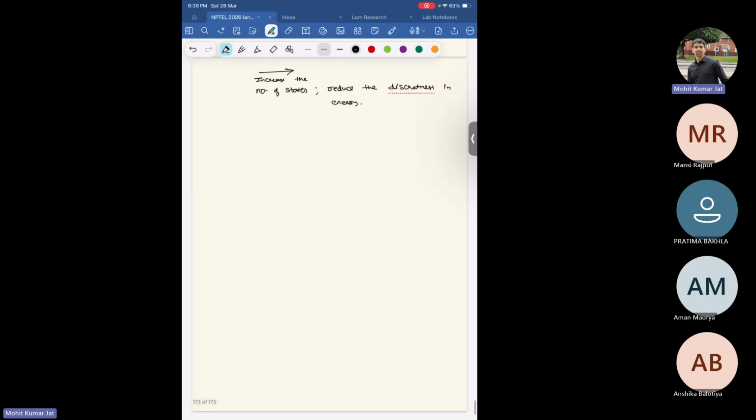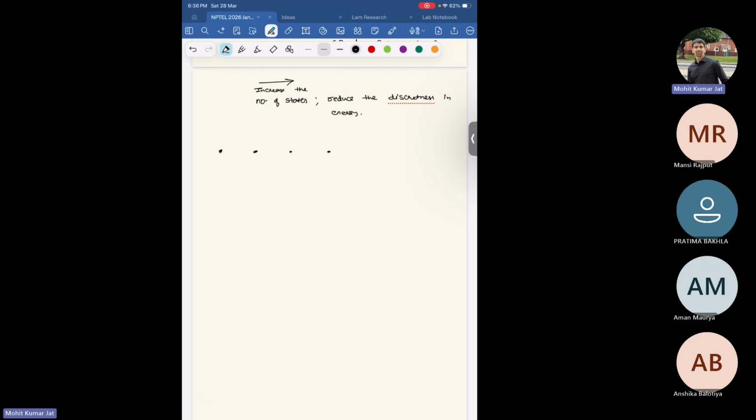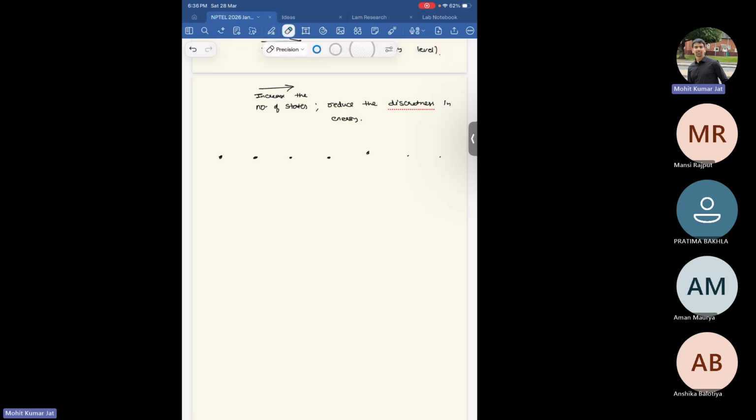Let me give an example. If you have a particle in a periodic boundary condition, we have seen this problem. If you have an electron in a periodic boundary condition, its energy takes the values h bar square k square by 2m, but k can only take discrete values like n pi by a.